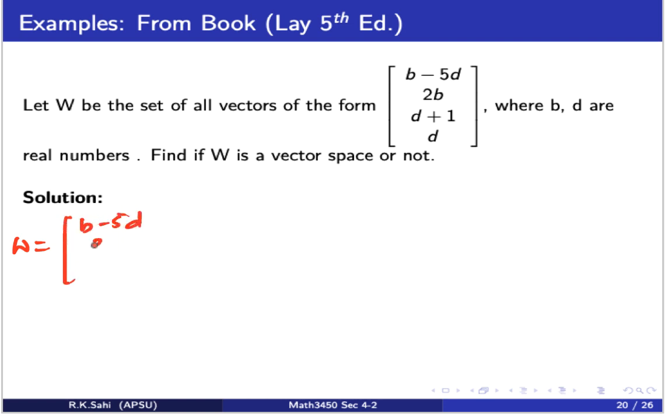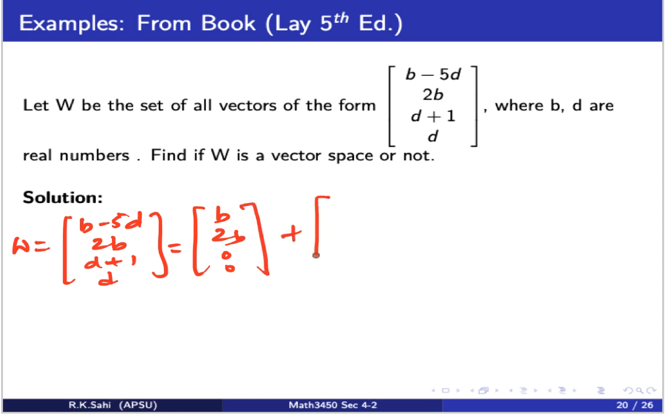See if I can remove B's and D's, and if I can write it as a linear combination of subsets. So I can write this as B 2B 0 0 plus minus 5D 0 D D, and then I have this constant 0 0 1 0.